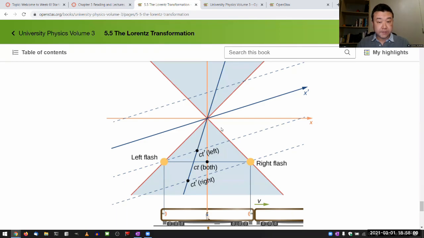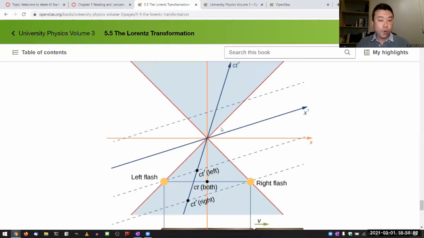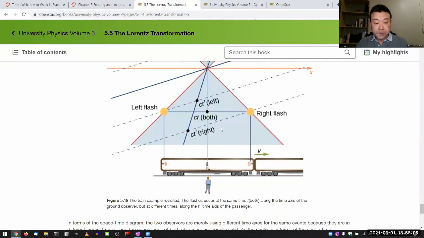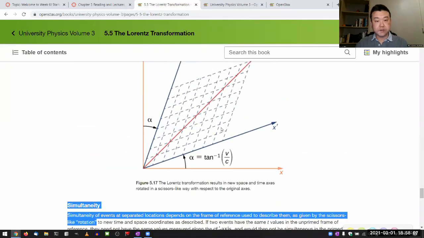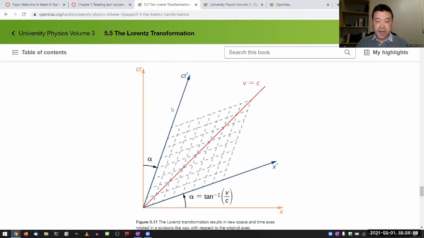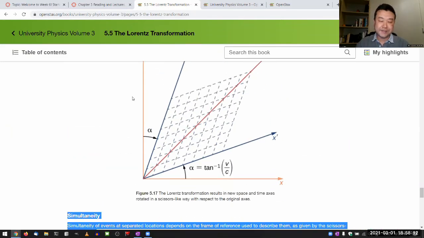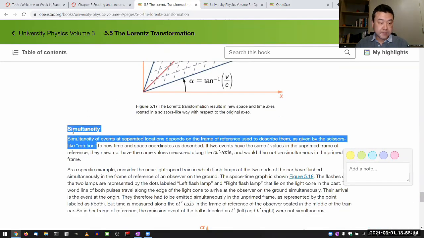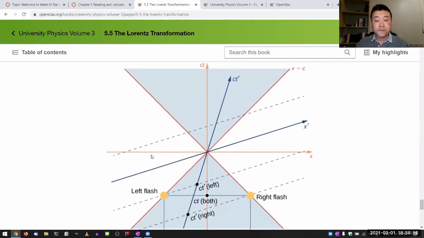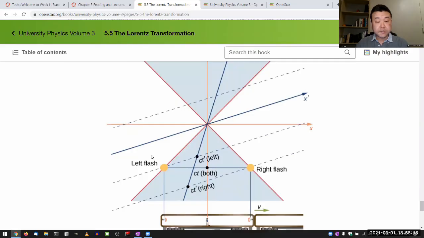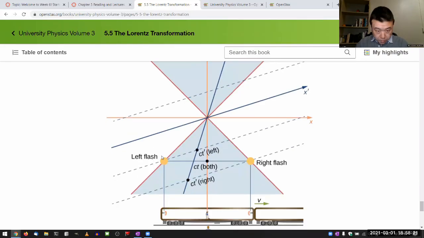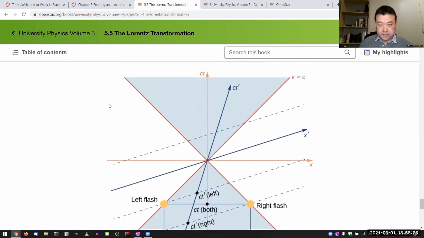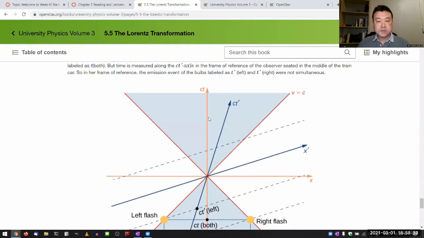Those axes need to be defined, and they obey certain geometric properties that are described here. It's these axes that you see described there, and this is a subsection within section 5.5, where you will see that description of simultaneity. What this is showing is that the left and the right flash were set up to be simultaneous in this coordinate system that's described as our resting frame.